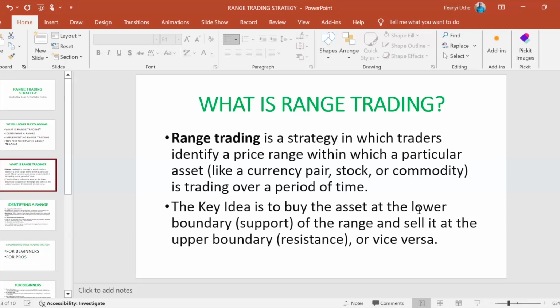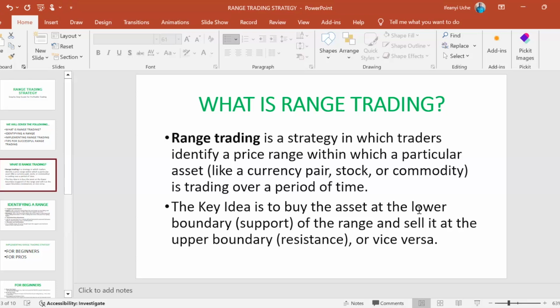Your guess will be as good as mine. Over 70%, 70 to 75% of the time, Euro USD in 10 years was ranging. When you check most other instruments and currency pairs, it is the same or close to the same. For 70 to 75% of the time, the market is in a ranging mode, and just about 25 to 30% of the time, it's trending.